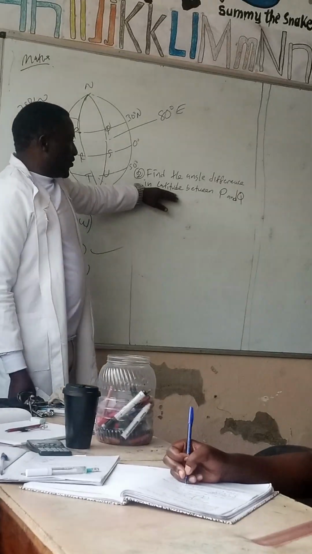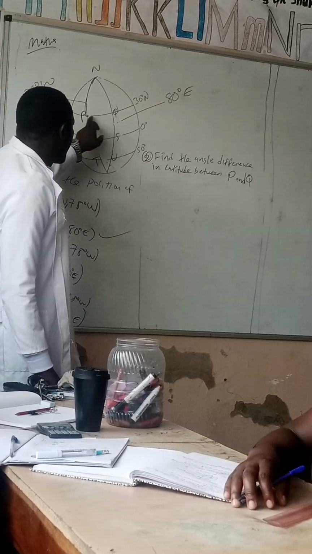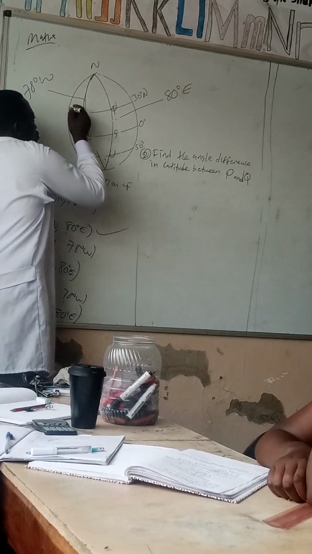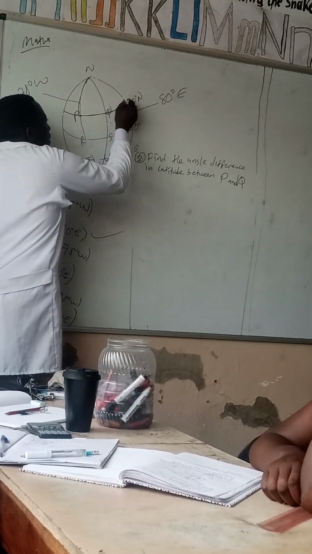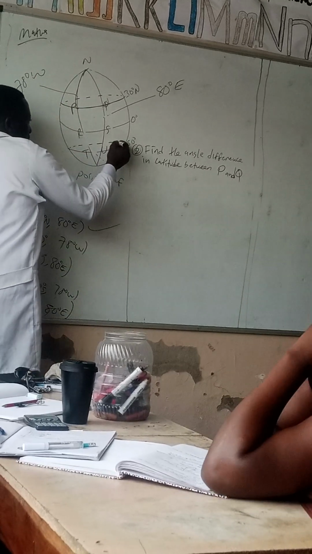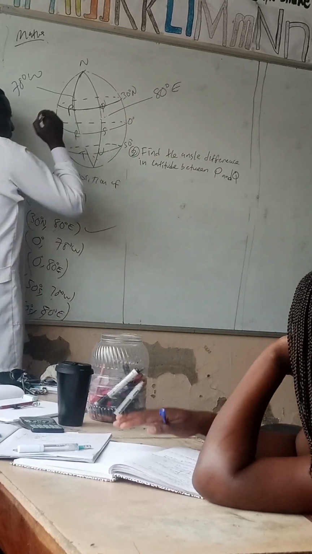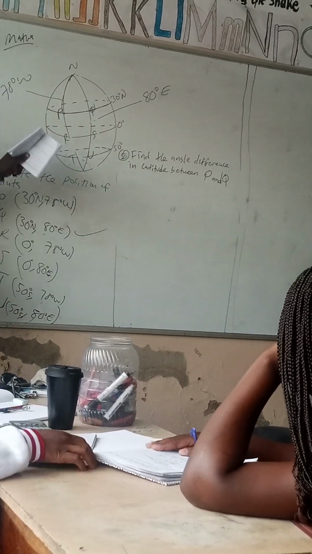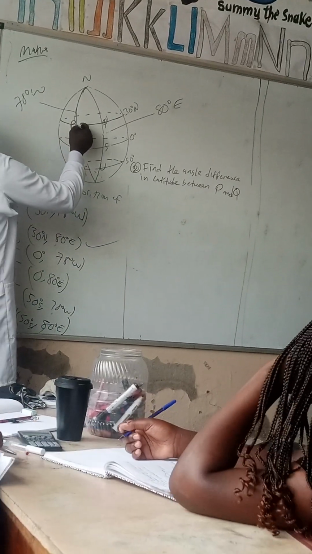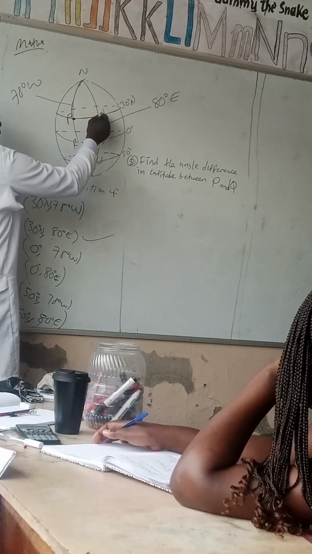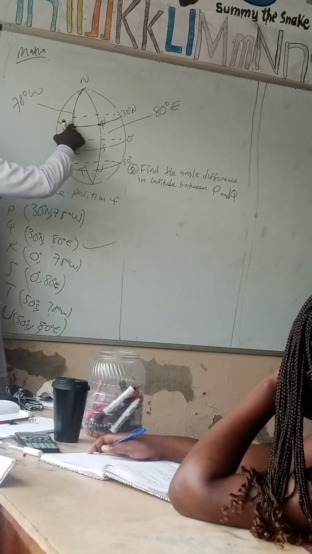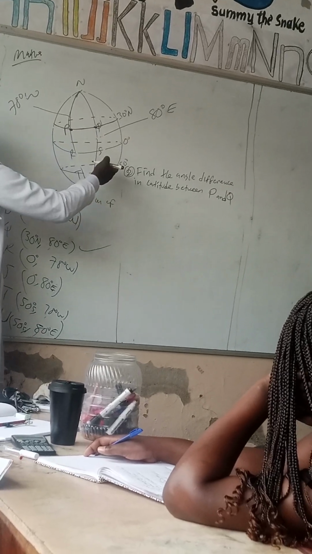When they say latitude, remember, these are latitudes, including this one. So they said between P and Q. Which one is P? This is P, and Q. So they are looking for the angle between P and Q, so you can connect them.